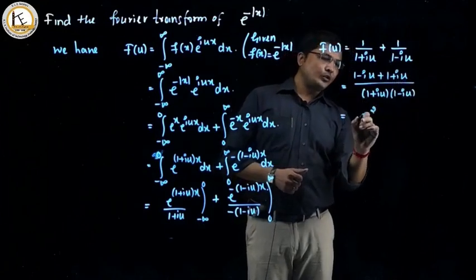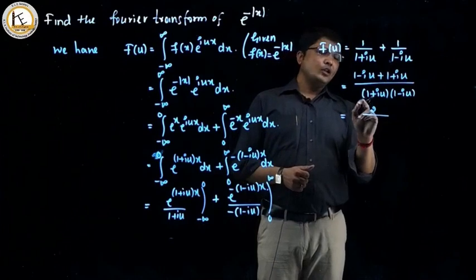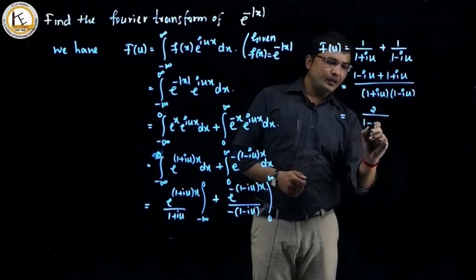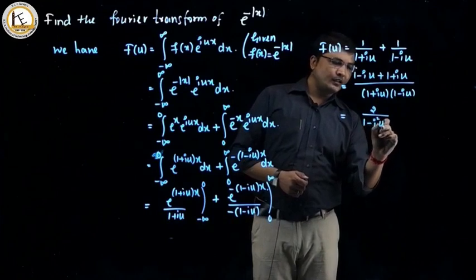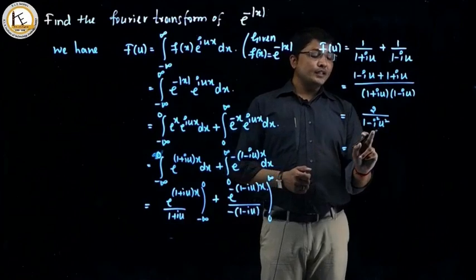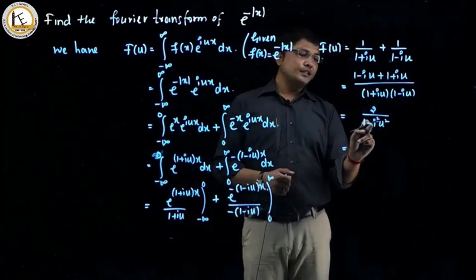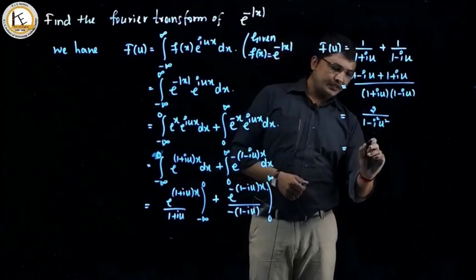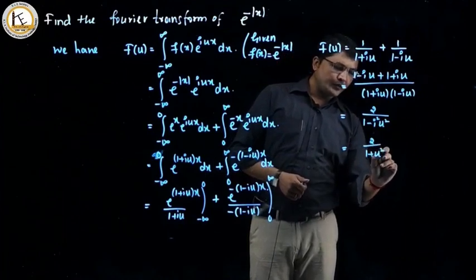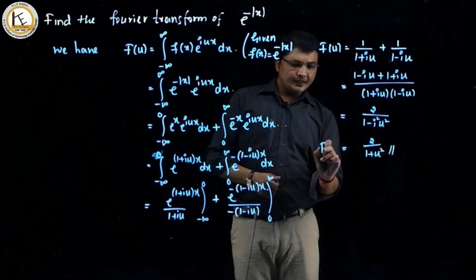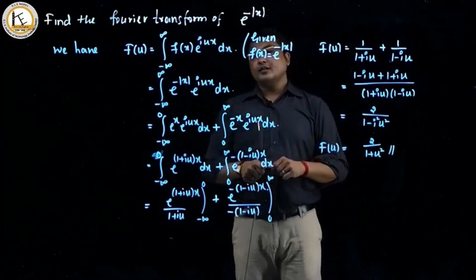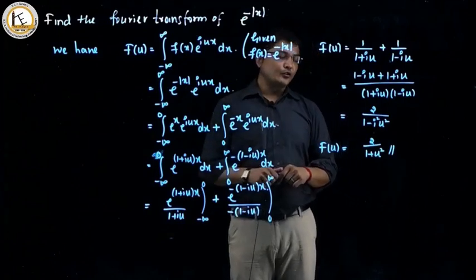So now simplifying this by taking LCM. Taking the LCM, it becomes 1 plus iu into 1 minus iu. Cross multiplying, 1 minus iu plus 1 plus iu. So plus iu minus iu get cancelled, remaining is 2 divided by, and in the denominator a plus b into a minus b becomes 1 minus i square u square.